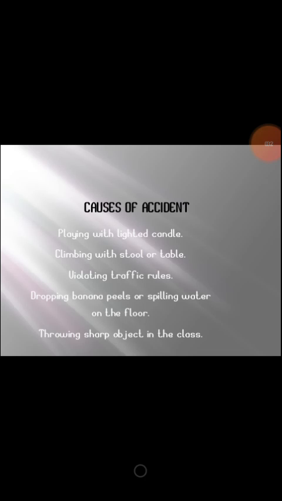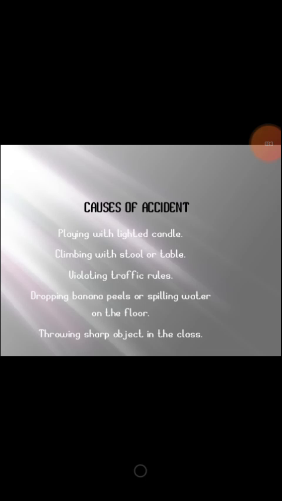Now let's look at the causes of accidents. When you are playing with a lighted candle, or you place your candle on a wooden material, by the time the candle melts, it will burn the wood.